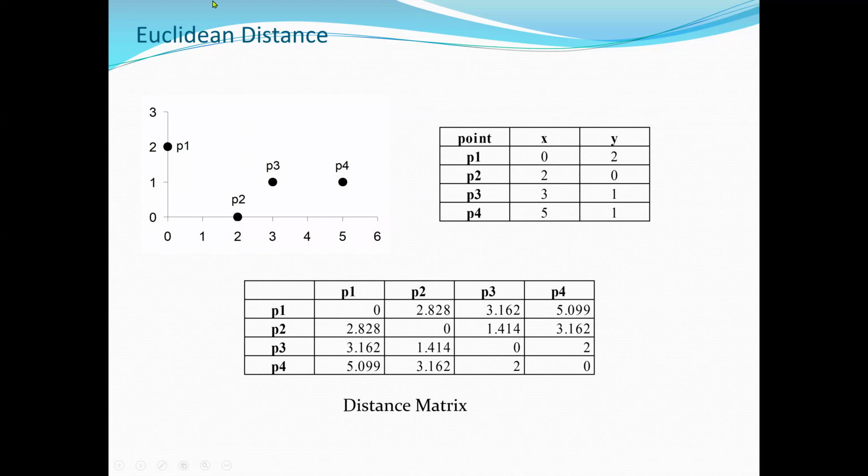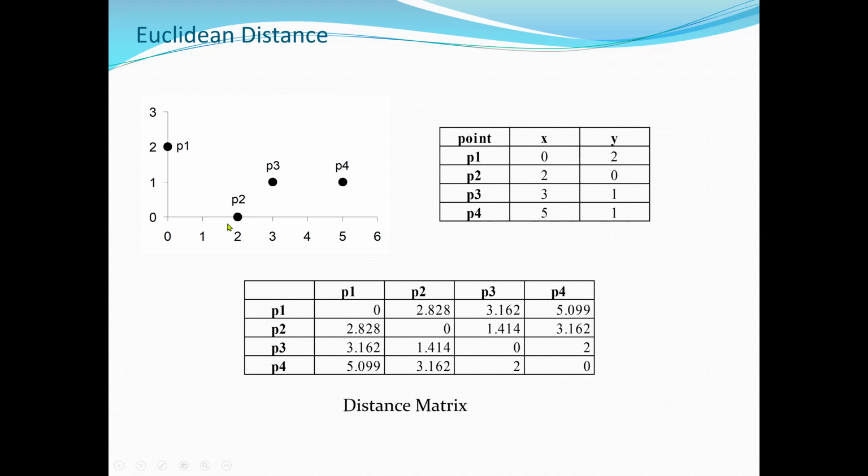So this is an example of Euclidean distance. We have 4 points and we want to find the distance between the points. So we can find the distance between P1 to P2, P1 to P3, P1 to P4, P3 to P4, P3 to P2, P2 to P4. And that's what we use the table here for. So we have P1, P2, P3, P4, and these are their X and Y values.